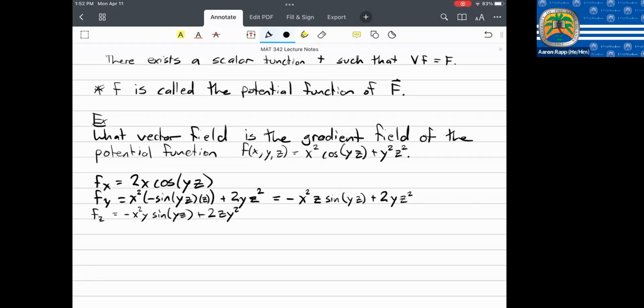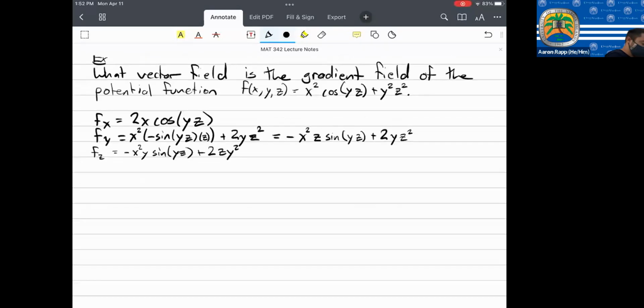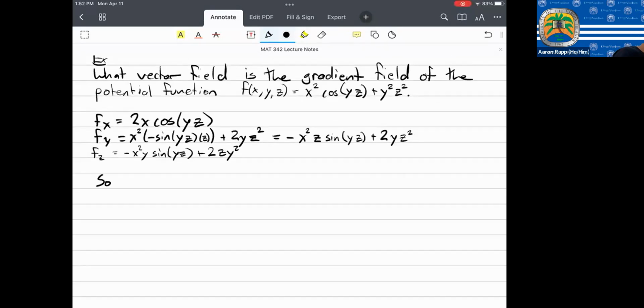So then, what does this vector field look like? Well, in the x direction, how I'm traveling in the x direction is dependent upon 2 times x coordinate times cosine of the y coordinate and z coordinate.